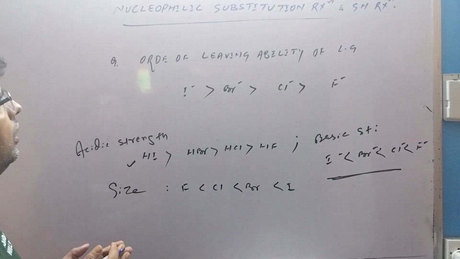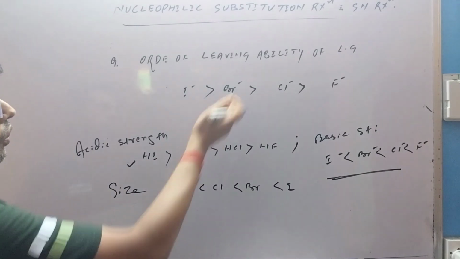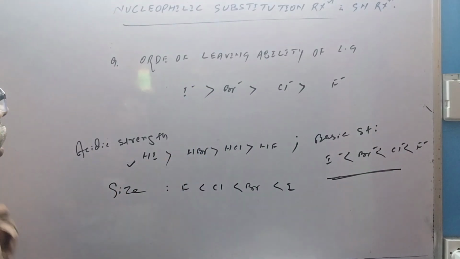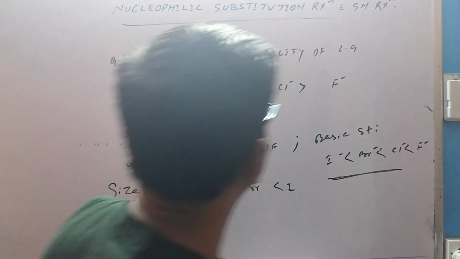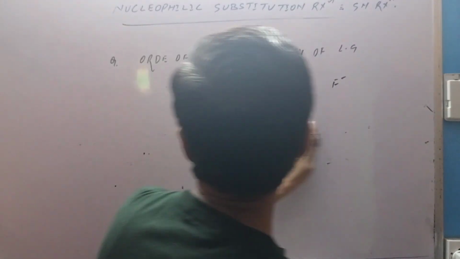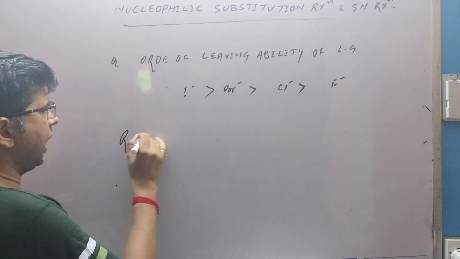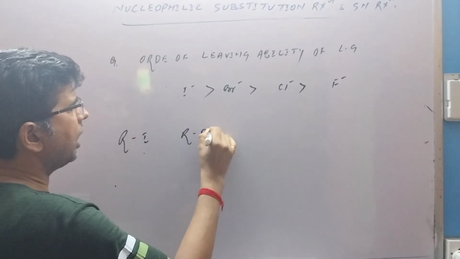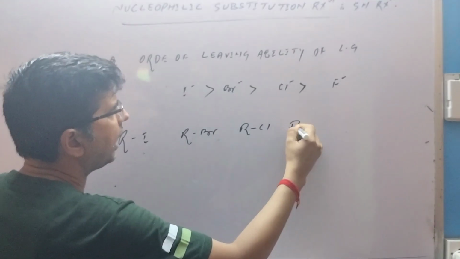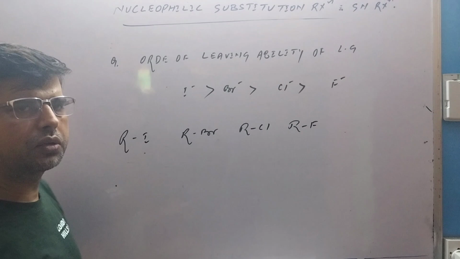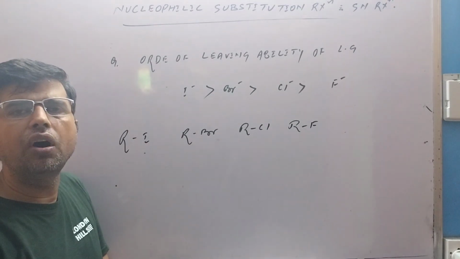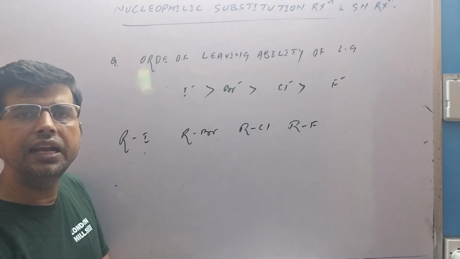This is one way in which we define the order. Another way to define the order of leaving ability: if the substrate is RI, RBr, RCl and RF, with the same explanation as we discussed just now for HF, HCl, HBr and HI.